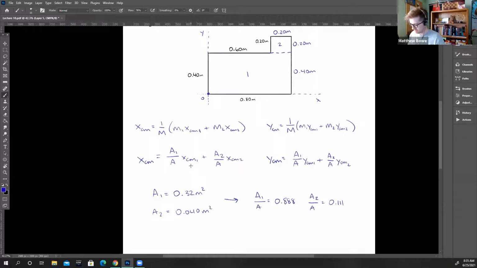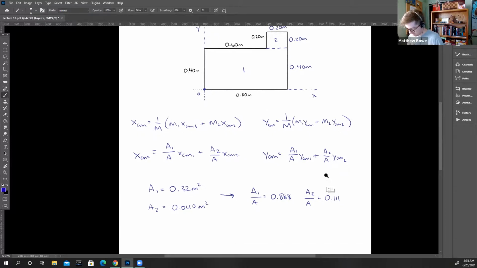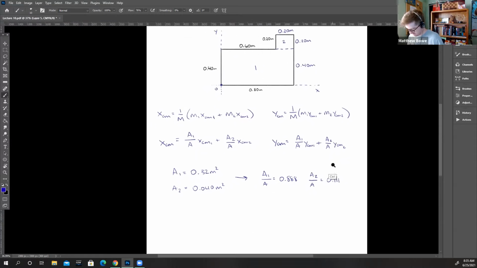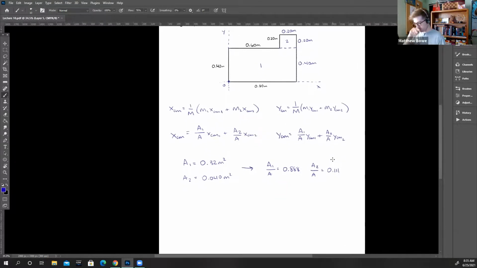Since it's uniform density, and they are manageable shapes, I can reason out from measurements where the center of mass of each large shape is. The center of mass of this large shape number 1 will be in the center right here. So it'll be halfway of this width, and halfway of this height. Keep the picture in the frame.